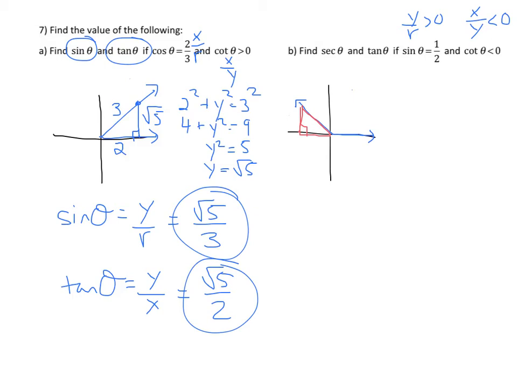Y is 1, r is 2, and then we have to find x using Pythagorean theorem. So x squared plus 1 squared equals 2 squared. X squared plus 1 equals 4. X squared equals 3. X equals the square root of 3. And it's going to be the negative square root of 3 because of its position. It's in quadrant 2 where we have a negative x value.